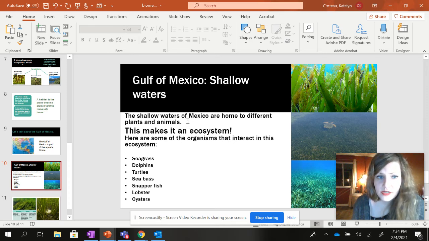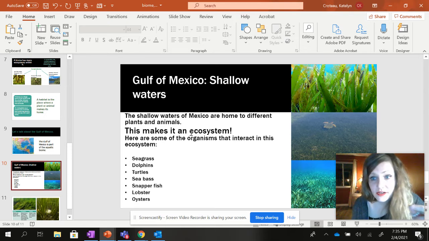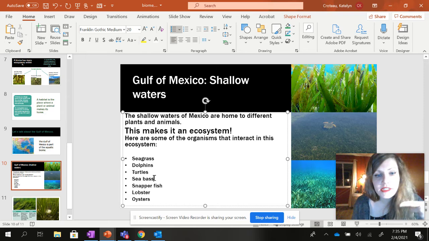And in the Gulf of Mexico, there are lots of different plants and animals. So even though it is technically an aquatic biome, it is also an example of an ecosystem. Here are some organisms that interact inside of the Gulf of Mexico ecosystem. Seagrass, dolphins, turtles, sea bass, snapper fish, lobster, and oysters.